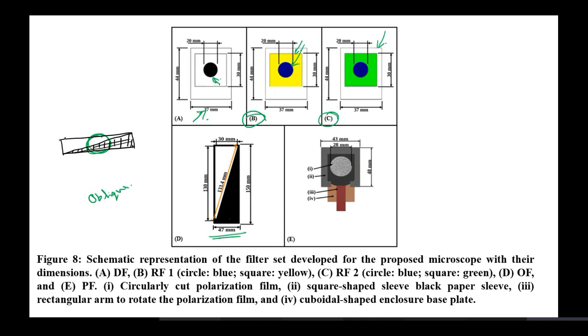Now as you move this filter over the illumination system, say this is position A and this is position B. As position B is towards the light source, you are seeing that only a certain part of the light would be passing through.